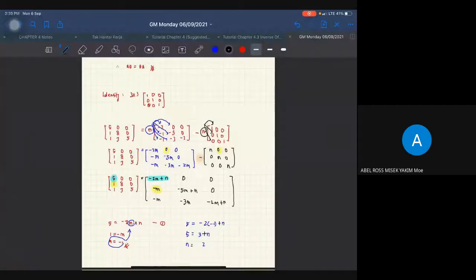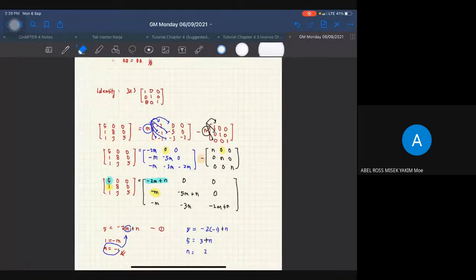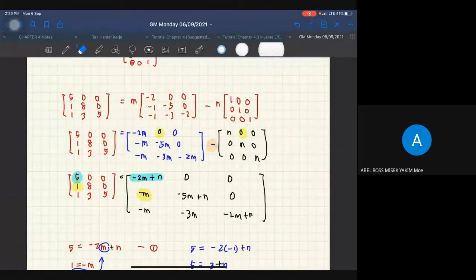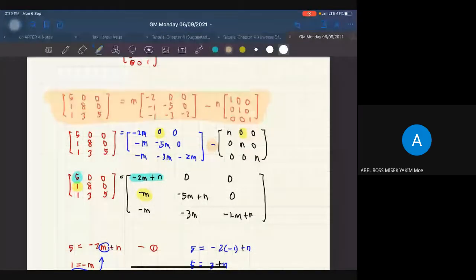Okay. Alright, so this one, saya explain awak cara satu-satu macam ni supaya awak faham. Okay, tapi ada je pelajar yang dia buat macam ni. Sekejap saya padam dulu this one. Okay, so contohlah from here. Daripada first dia masukkan ni, dia dah boleh terus hasilkan dua equation.